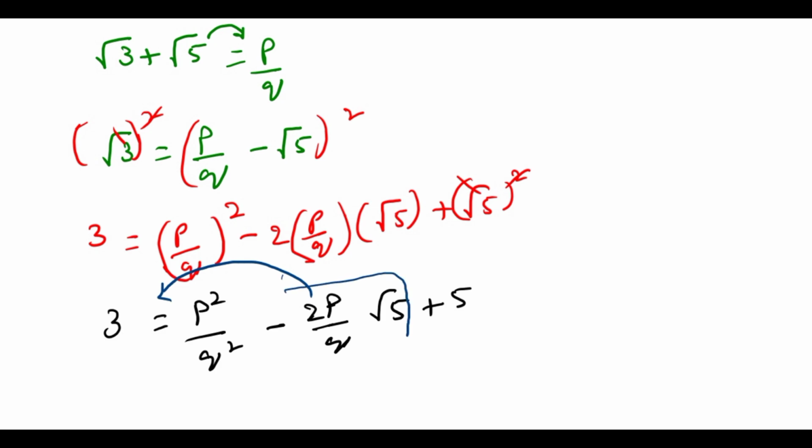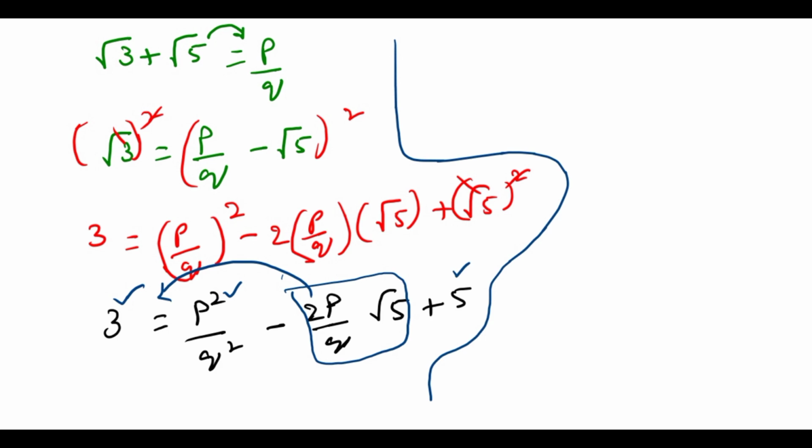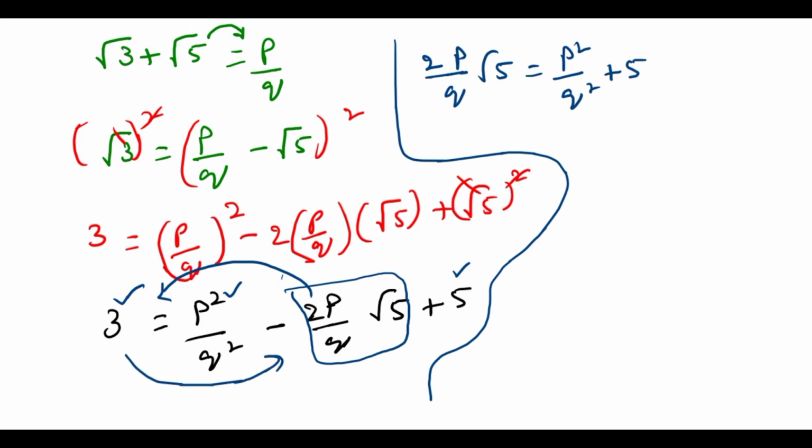The remaining are all the rational part. Take the rational part completely to one side and the irrational part to the other side. The irrational part is here, 2p by q root 5 is equal to, on this side we have p square by q square plus 5. This plus 3 now becomes minus 3.